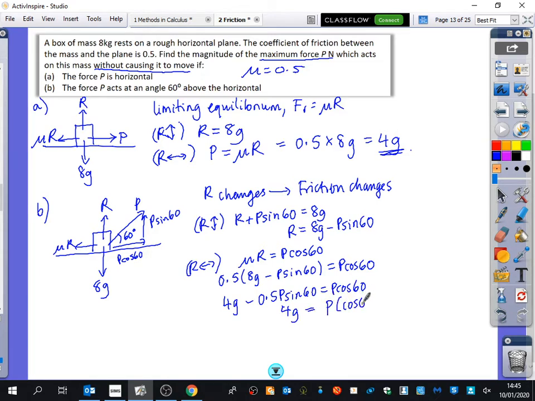So I get cos 60 plus 0.5 sine 60. Hopefully you can spot what I did there. I added the 0.5P sine 60 over here, and I factored out the P. So I get left with this. So P is equal to 4G divided by cos 60 plus 0.5 sine 60, which is 42.0 newtons. Okay?